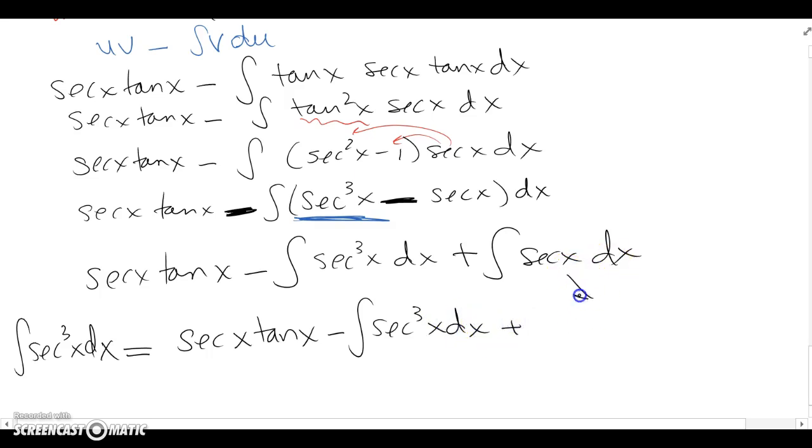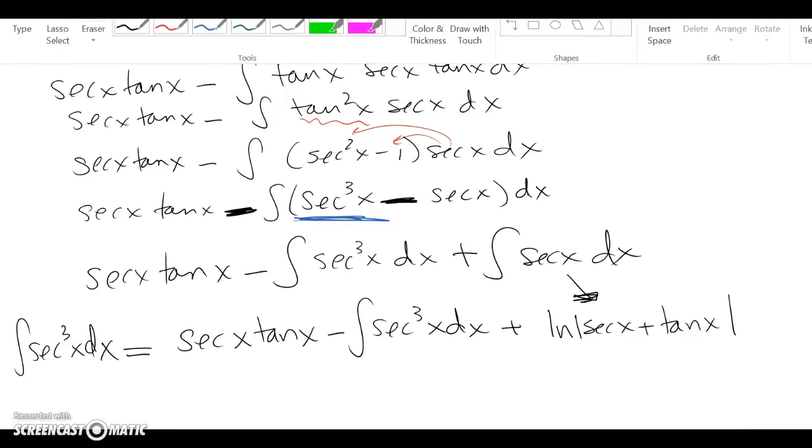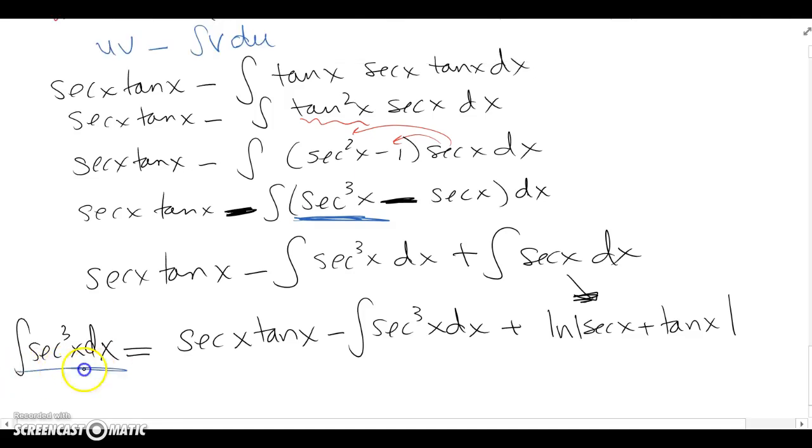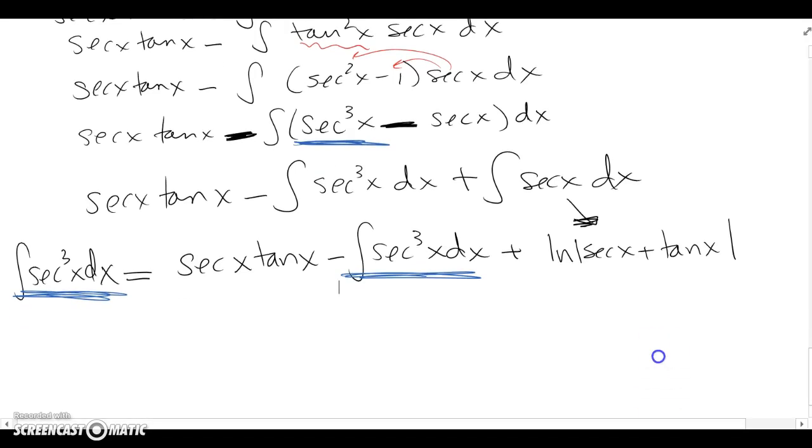And we did this integral earlier, and we said that's just going to be ln of secant x plus tan x. Remember, it involved that little trick of multiplying top and bottom by an equivalent looking one. So here's where we're at. We have one integral here that is identical to the original.